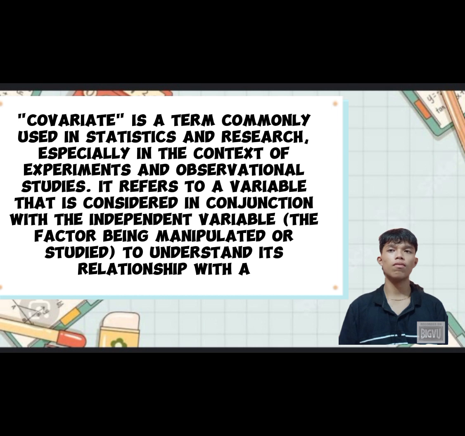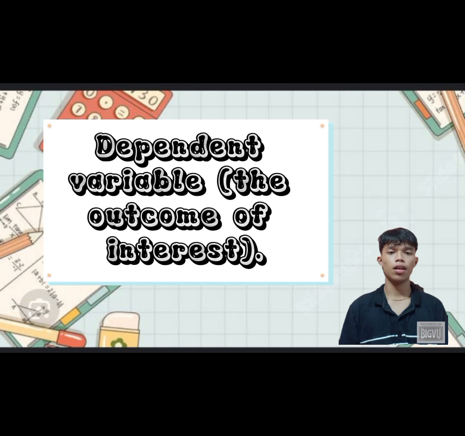It refers to a variable that is considered in conjunction with the independent variable, the factor being manipulated or studied to understand its relationship with a dependent variable, the outcome of interest.